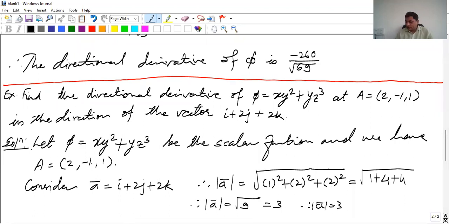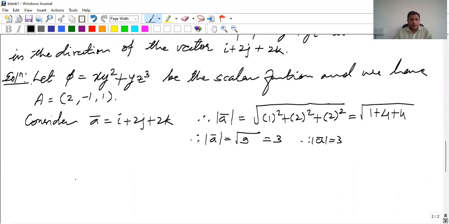Now what we have to do is consider the gradient of this function phi at the given point A. So let us calculate the gradient.